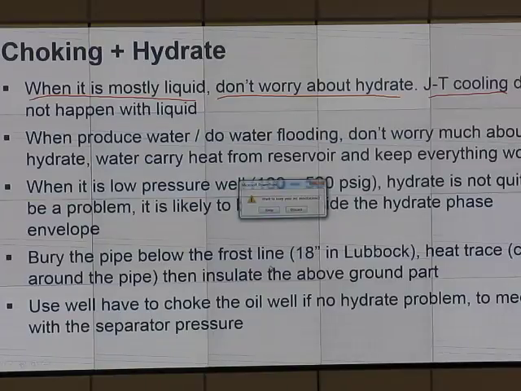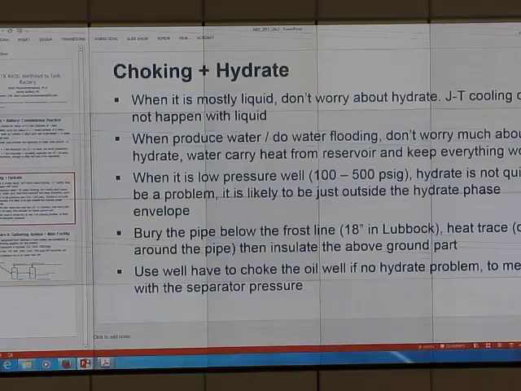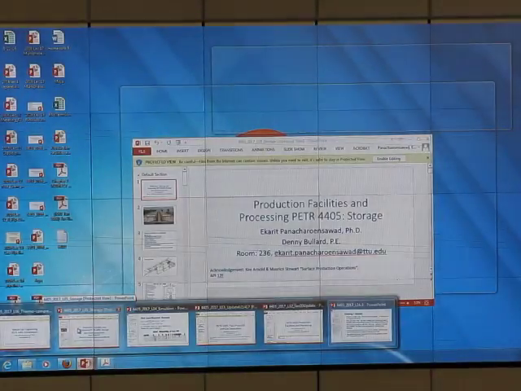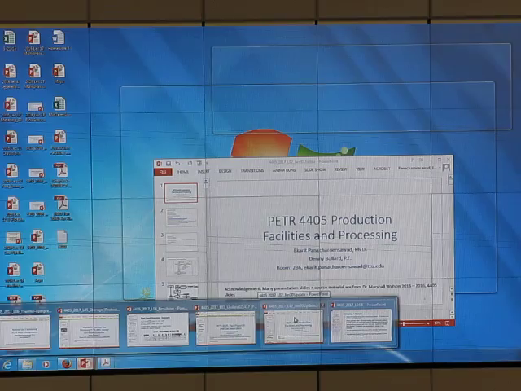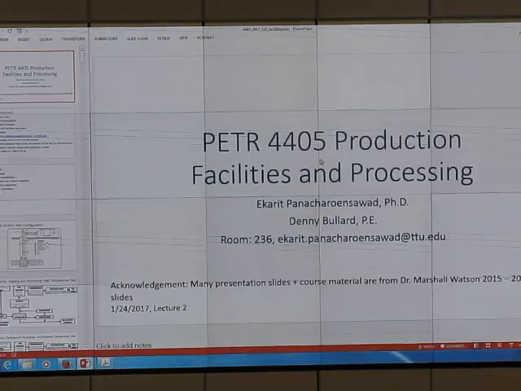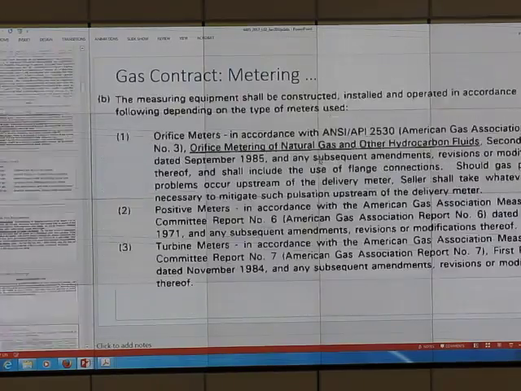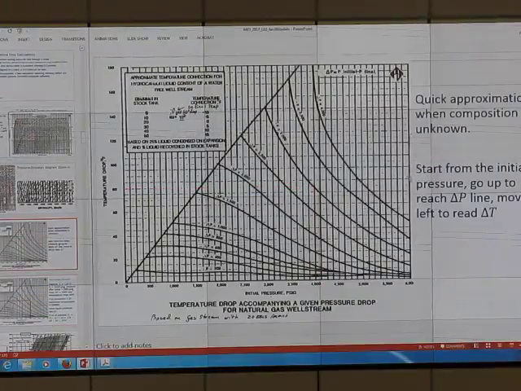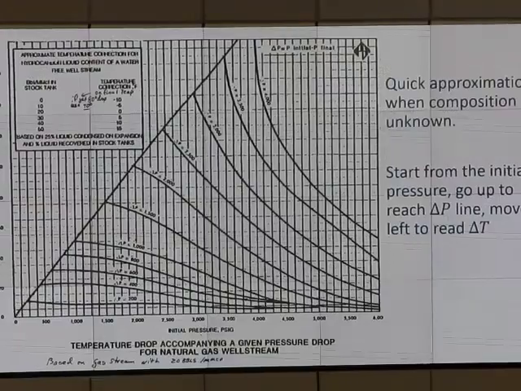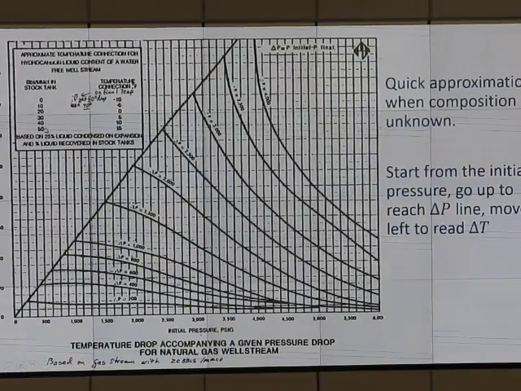And if you recall from the hydrate presentation, you remember this? There's a correction factor. This time we produce mostly gas and a little bit of liquid, right?